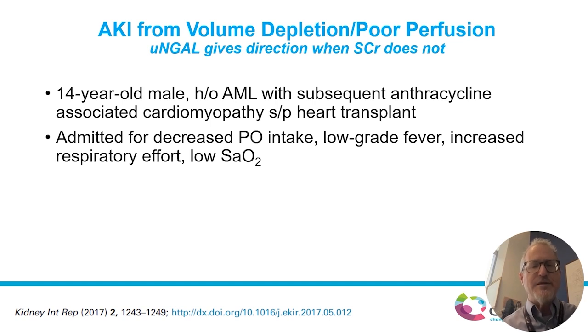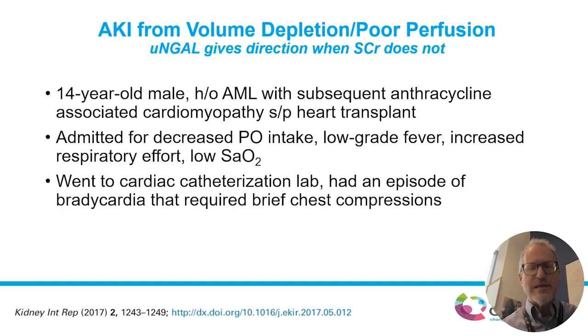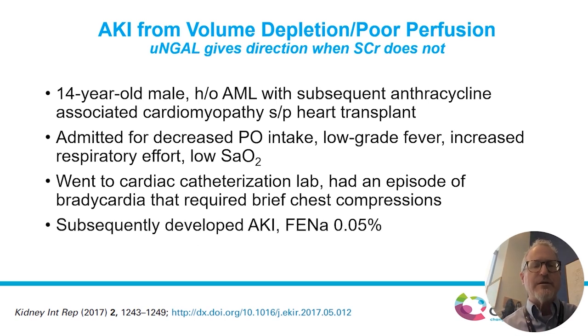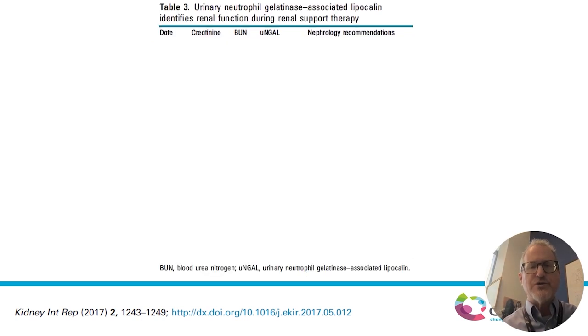He was admitted for decreased oral intake, low-grade fever, increased respiratory effort, and a low oxygen saturation. He went to the cath lab and had an episode of bradycardia that required brief chest compressions. He subsequently developed acute kidney injury with a fractional excretion of sodium of 0.05%, suggesting pre-renal or what we now call functional acute kidney injury.